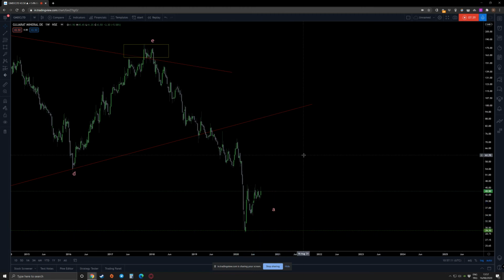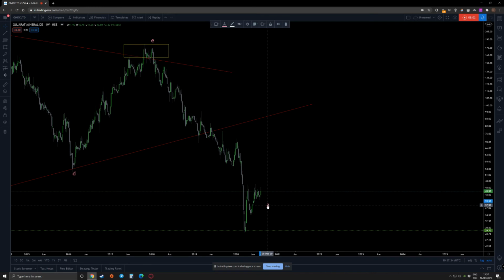We don't know. But to me, because it has very little retracements, it looks like this is most likely a triple combination, and this may actually end with a triangle here.